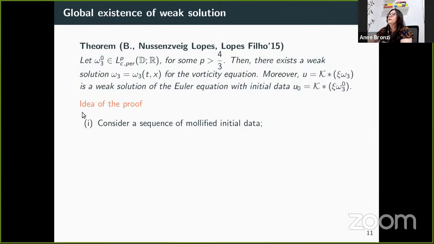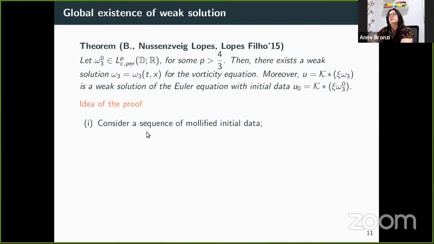If we start with initial vorticity in L^p, periodic in the third component, and compactly supported on the plane, and p is greater than 4/3, then there exists a weak solution for the vorticity equation, and we can also recover the velocity field, which is a weak solution of the Euler equations.